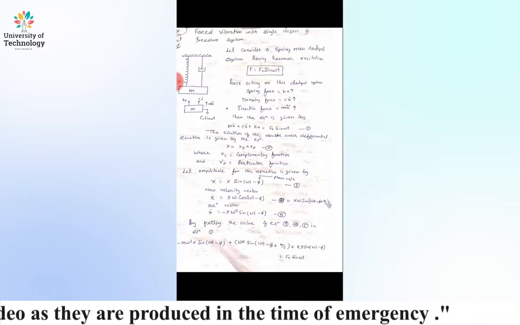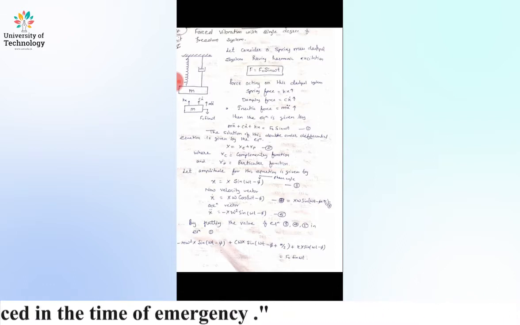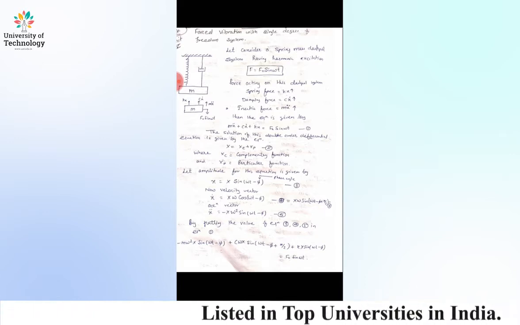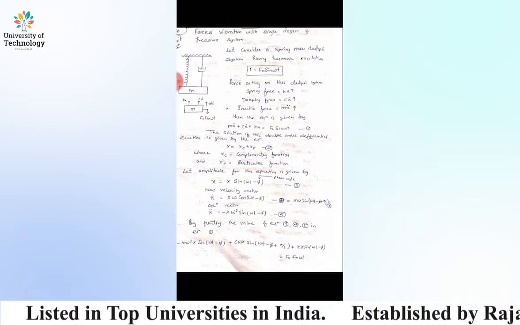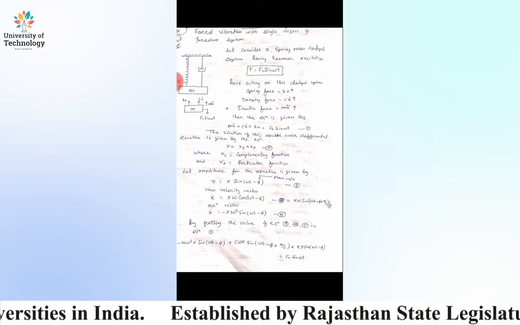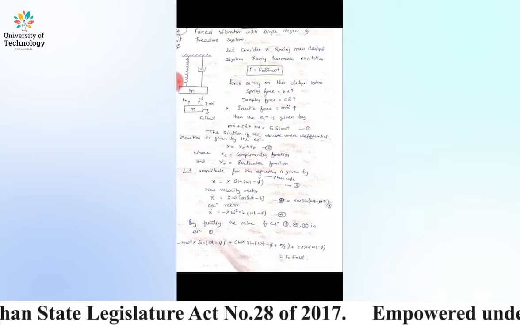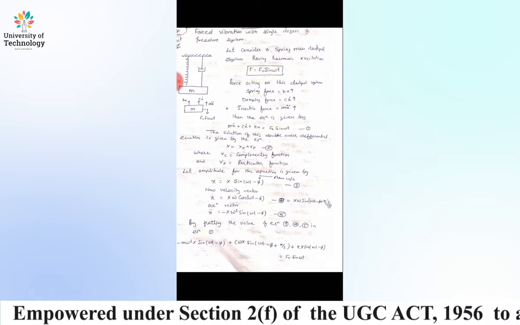This equation is the second order differential equation. The solution of this equation will be x is equal to the sum of the complementary function xc and the particular function xp.